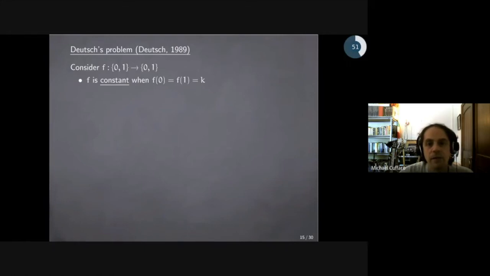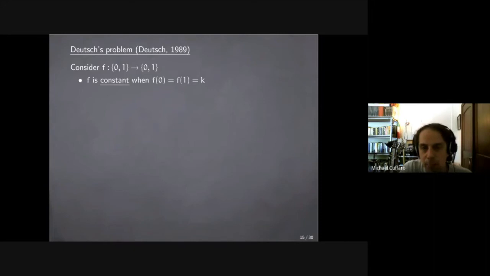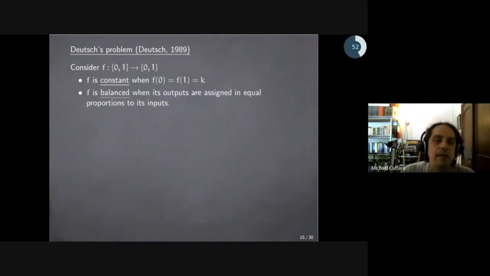This function is going to be constant when the output is the same regardless of the input. So you can imagine the output is always 0, regardless of whether the input is 0 or 1, or always 1. A function is going to be balanced when its outputs are assigned in equal proportions to its inputs.